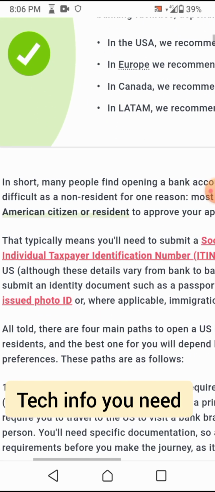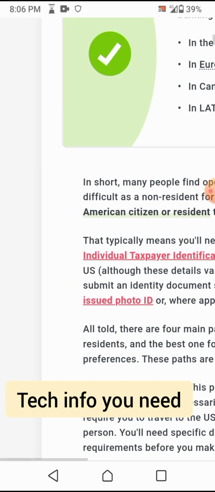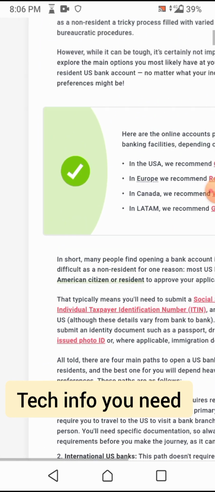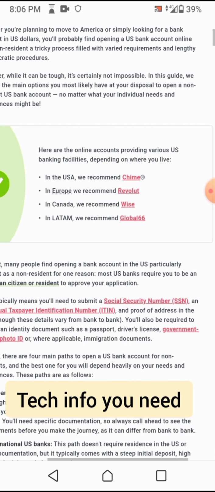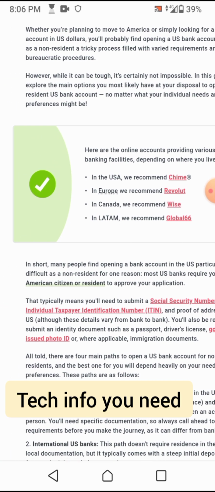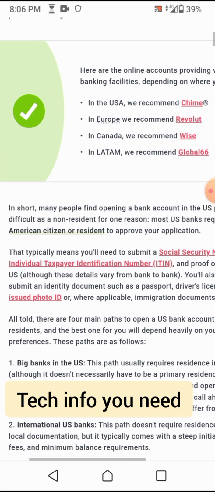In short, many people find opening a bank account in the USA particularly difficult as a non-resident, for the reason that most US banks require you to be an American citizen or resident to approve your application.